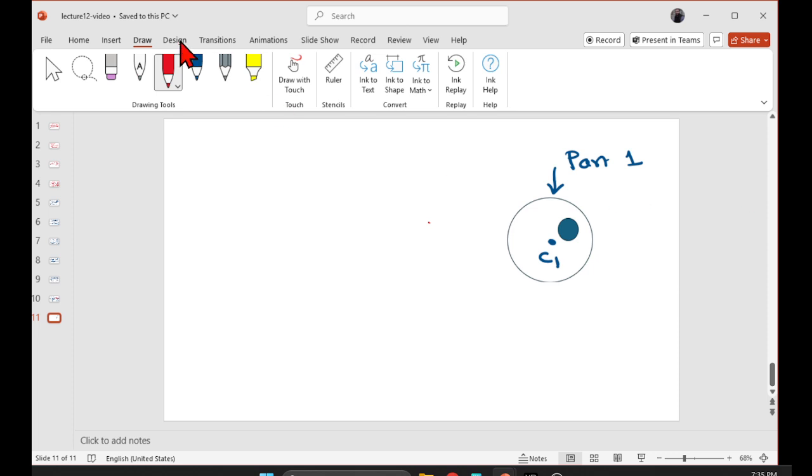So this blue color now shows hollow, no material. Let me call this part 2.